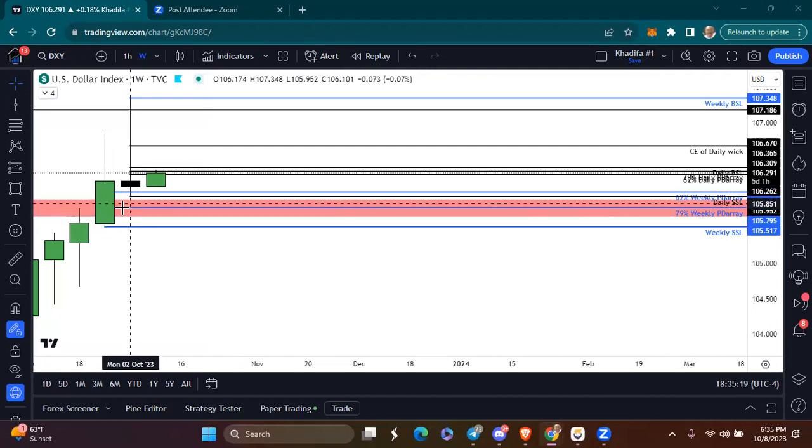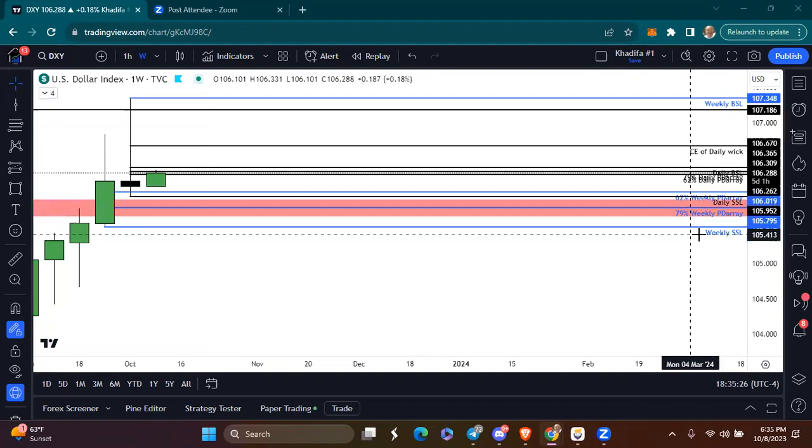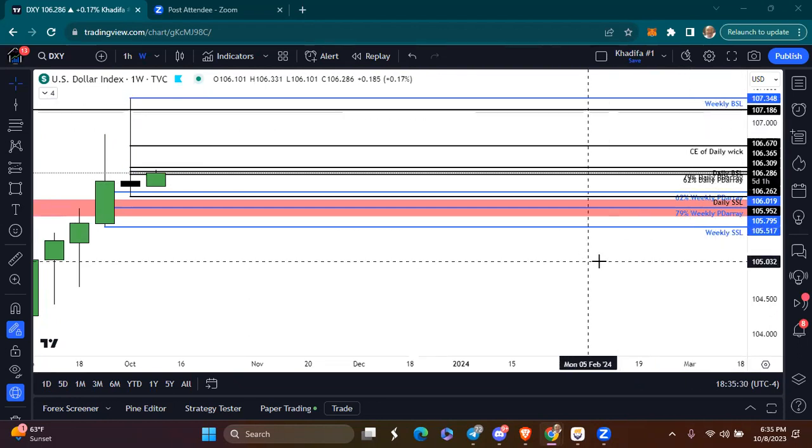So that's these levels here, these blue levels. If you look over here, you will see what they are: 62% PD array, 79% PD array, and the weekly sell side liquidity, weekly buy side liquidity.